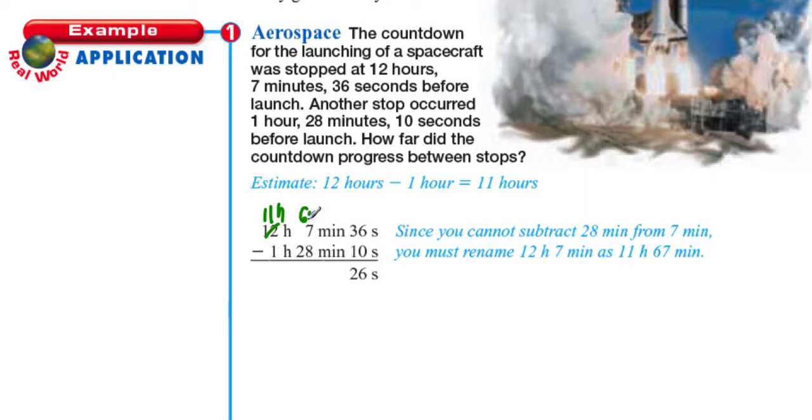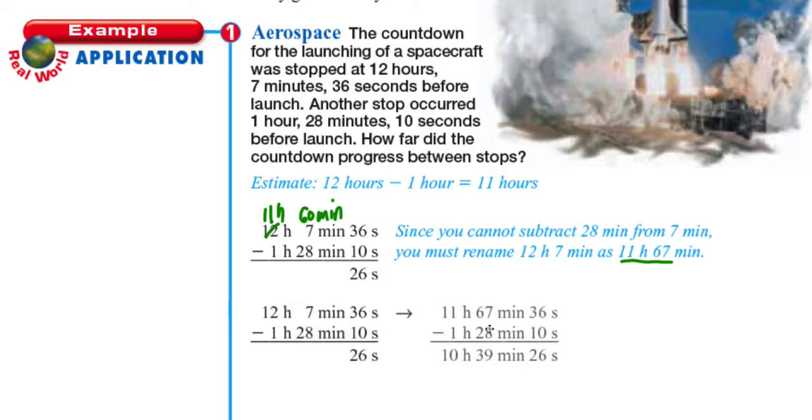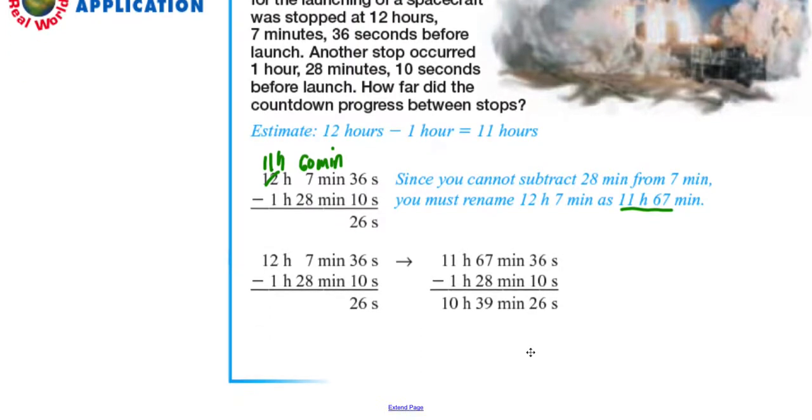So that means if you convert 1 hour into minutes, it'll be 60 minutes, and that's what you add to 7 minutes. That's the reason why you have 11 hours and 67 minutes. So if you rename 12 hours 7 minutes 36 seconds to be 11 hours 67 minutes and 36 seconds, we can now subtract.